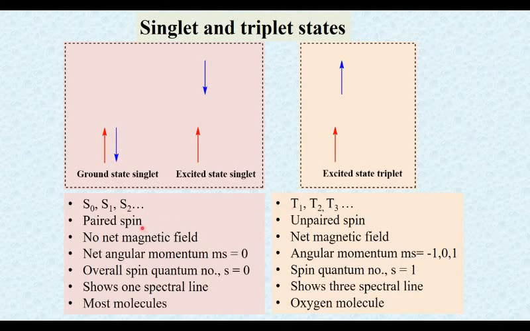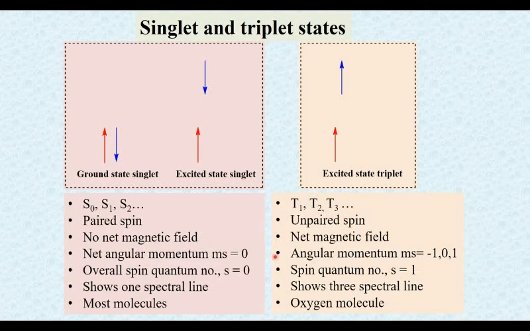Singlet has paired spin but triplet has unpaired spin. Here there is no net magnetic field because the magnetic fields of each electron cancel each other out, and in the triplet state there is a net magnetic field. In singlet state there is no net angular momentum.